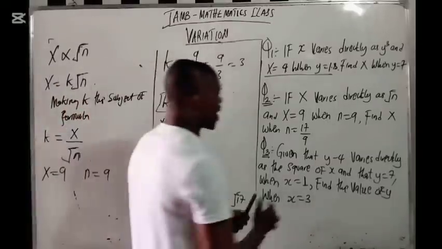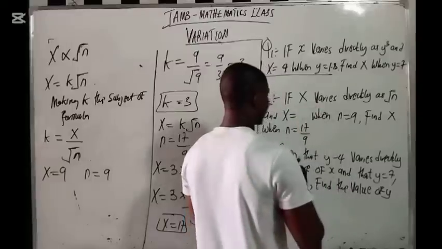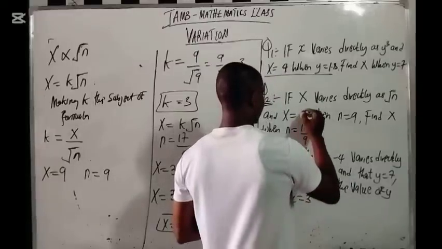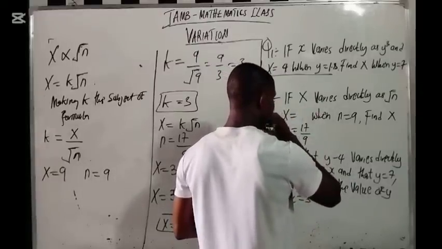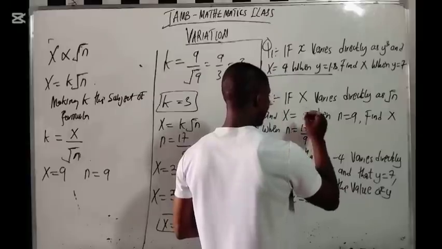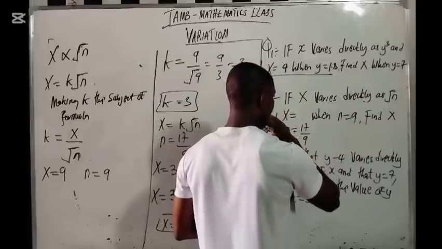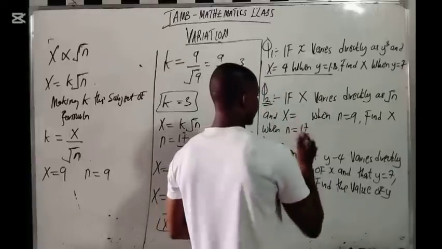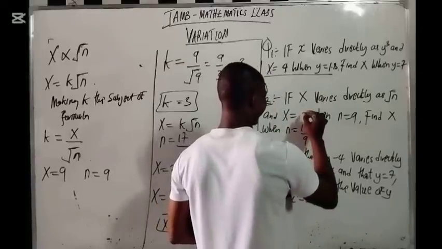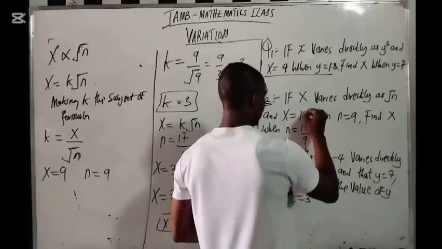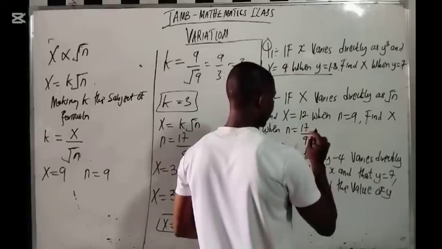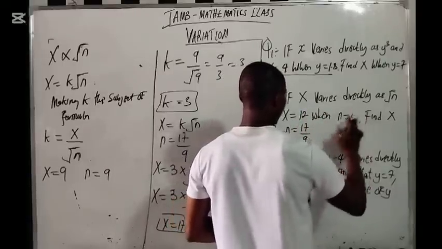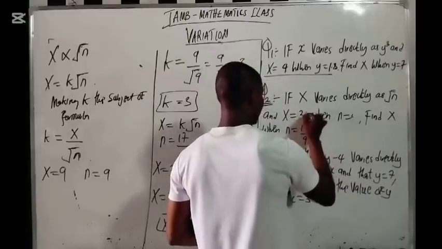So what if I have something like this? Let us say here we have 12.